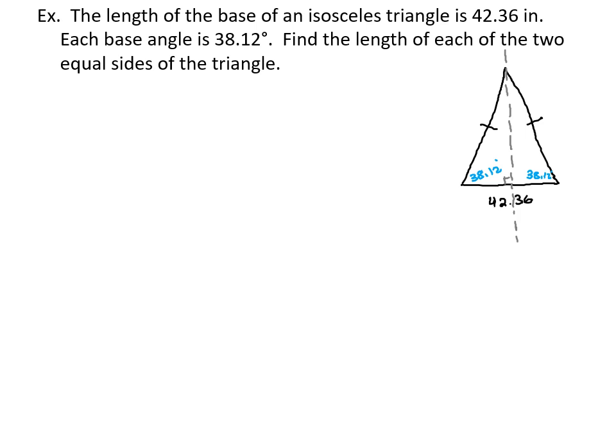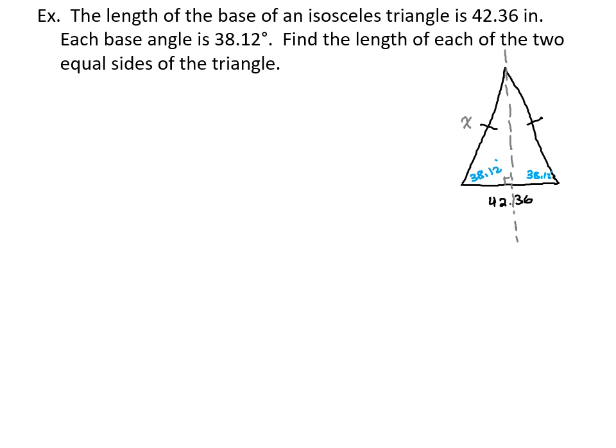They want to find the length of the side. So we're actually looking for what I'll call in this case side X. It's actually the hypotenuse, so you could call it C if you wanted to. And I have the side across the bottom. My base is 42.36, but that means I need to take half of that when I cut the triangle in half.